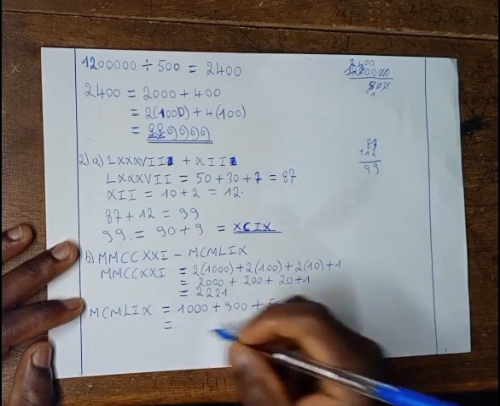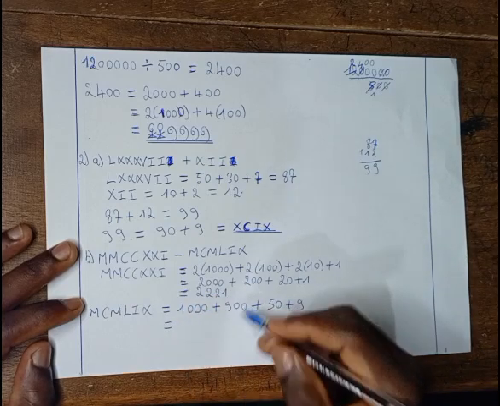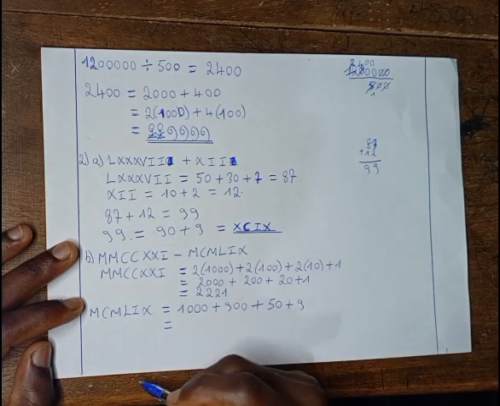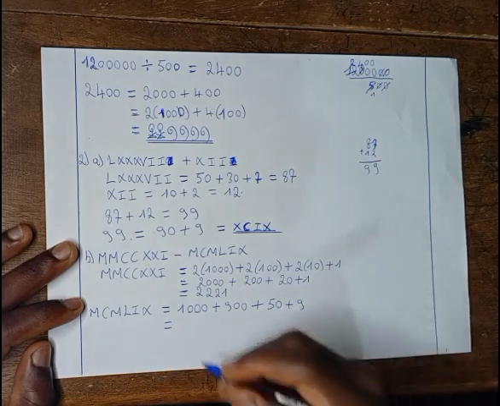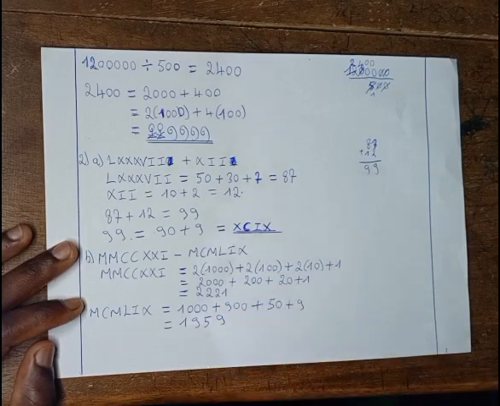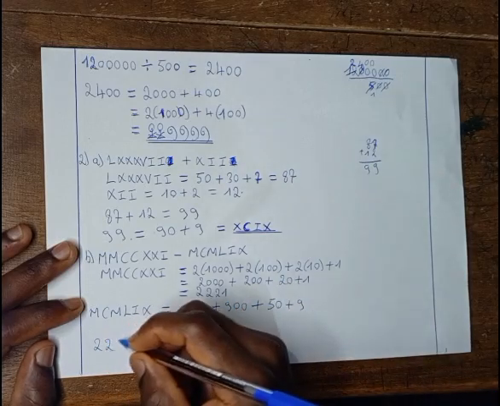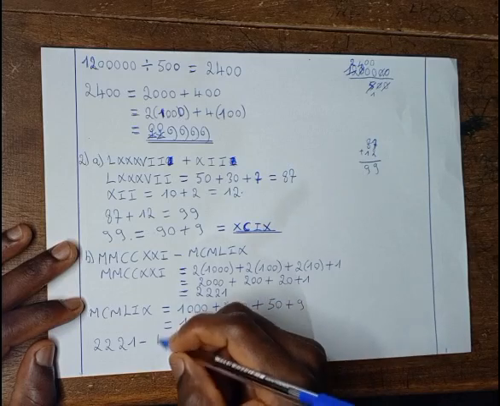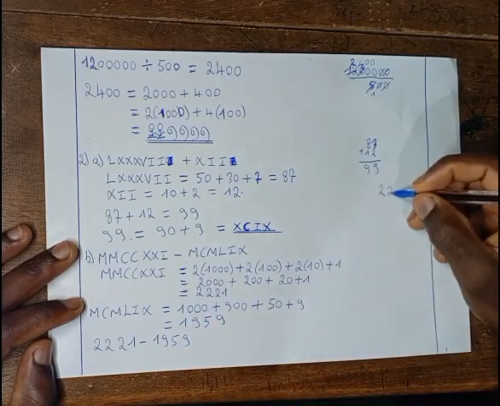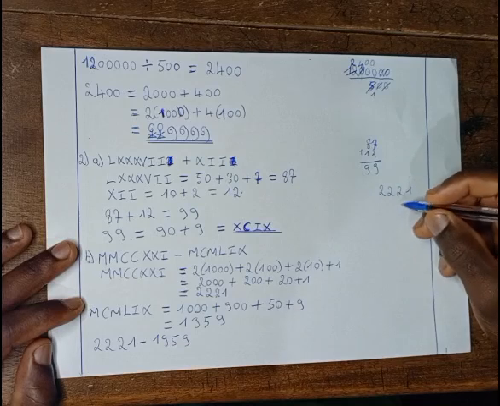So if we add, 1000 plus 900 gives us 1900, plus 50 is 1950, plus 9 is 1959. So we have 2221 minus 1959.